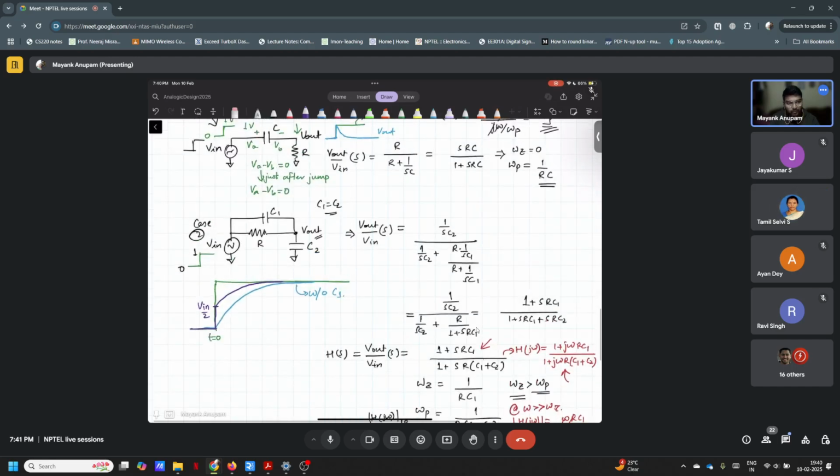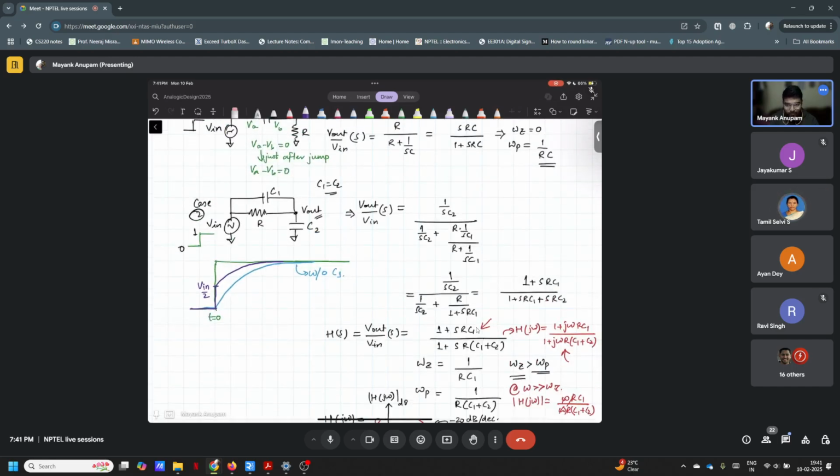Yes, sir. Here, sir, how do we calculate the steady state value without doing this type of Bode plot? We get the initial value, right? With this logic, when C1 and C2 are in series, current can flow directly through the capacitor and it gets charged instantaneously.